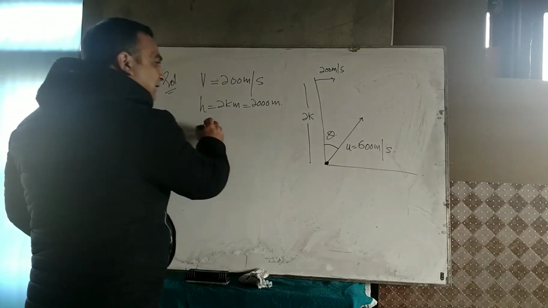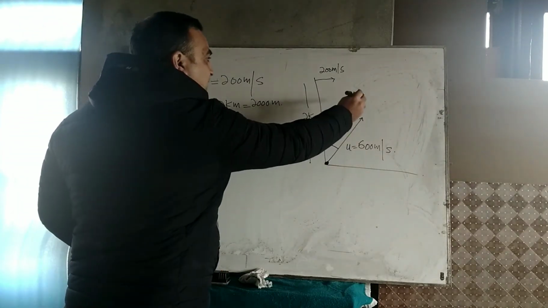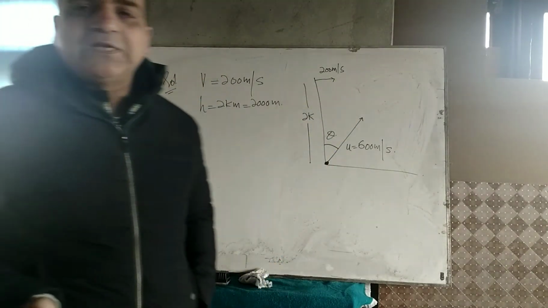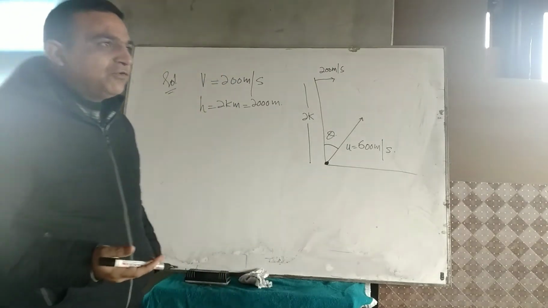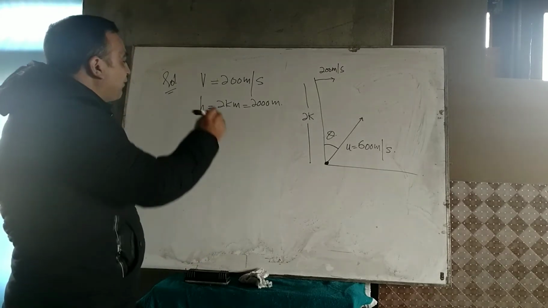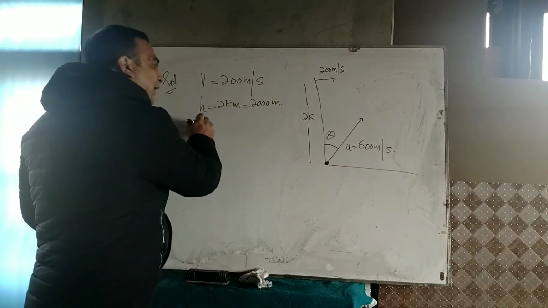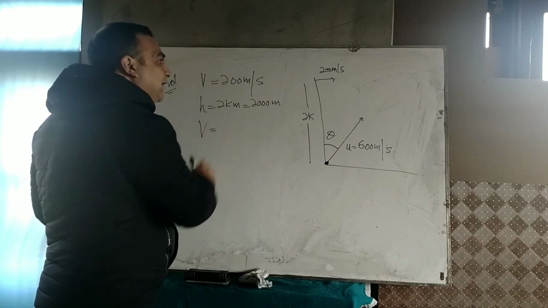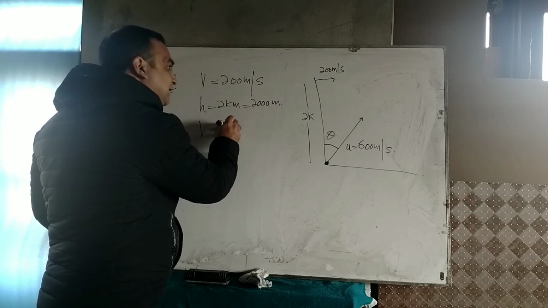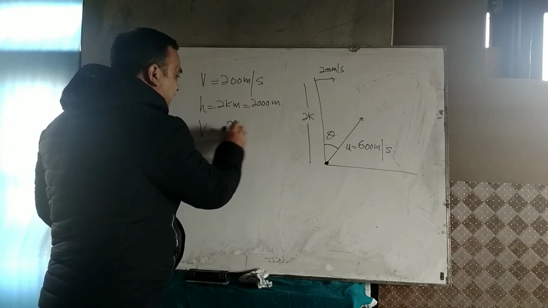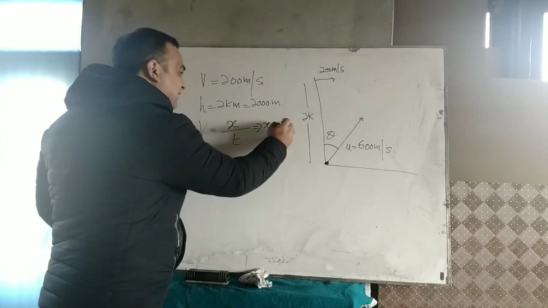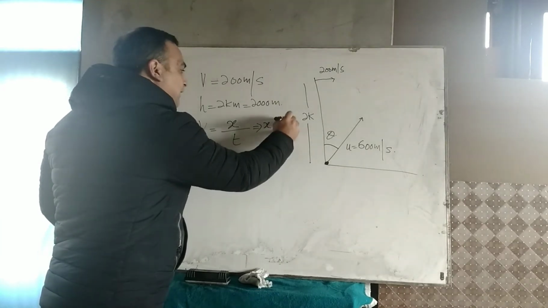And if the bullet has to hit the aircraft, the equations of motion involving time must be same. So I can write down the speed of aircraft is the distance that it will cover horizontally, suppose that is x, divided by t.